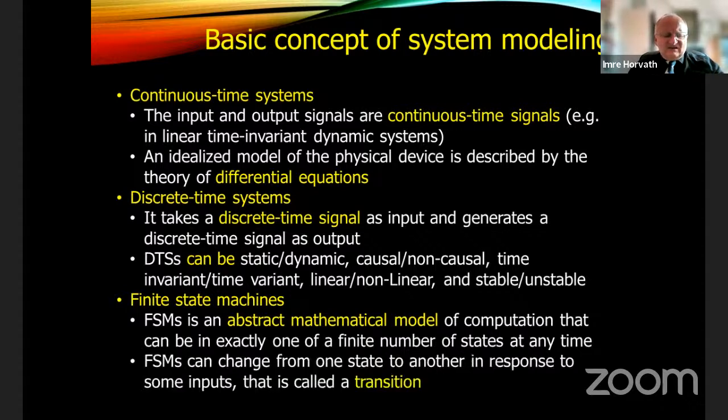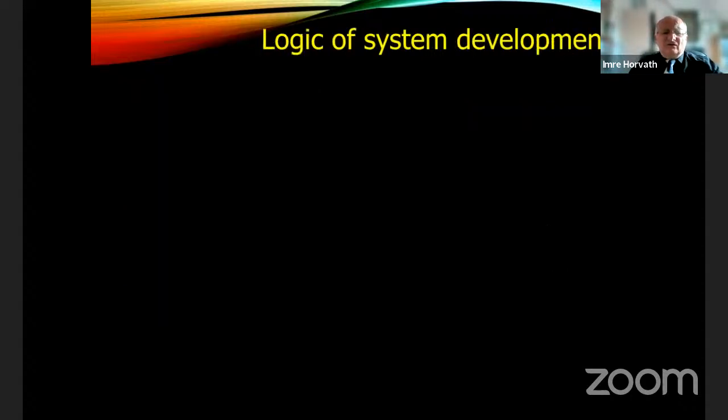A finite state machine can change from one state to another in response to some input, which is called a transition. Many modeling languages, for instance Petri-net-based representation, operate with the concept of nodes and transitions.